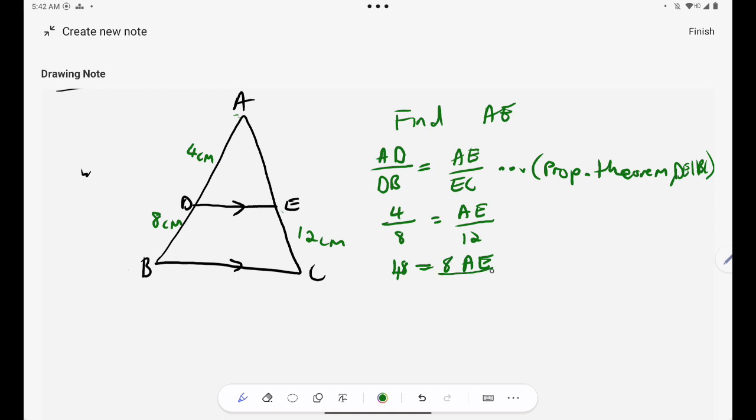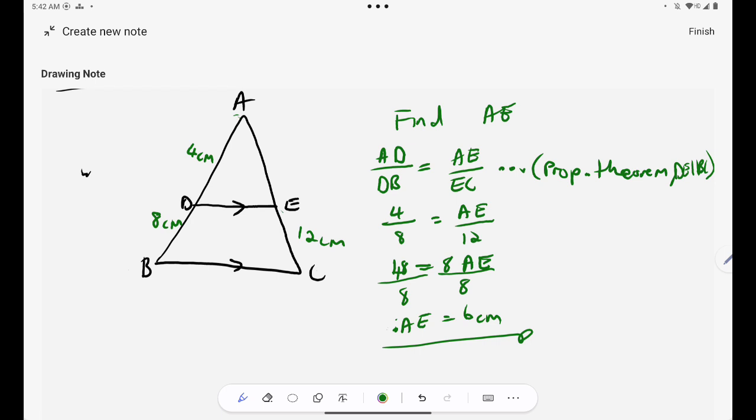If I divide 48 by 8, what do I get? I'll get 6 centimeters. That's how we apply the proportionality theorem, guys.